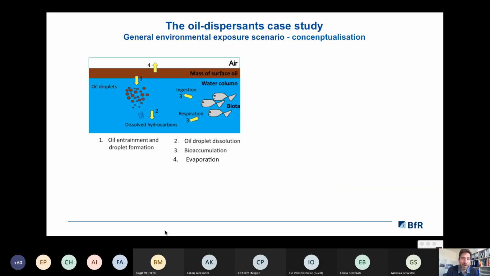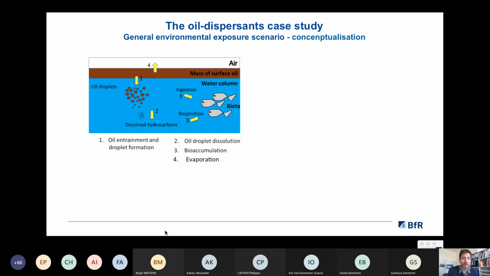So in the oil dispersant case study in this project, we relied on tools which have already been developed, like Philippe presented earlier, the models in the Merlin Expo, which were developed to simulate uptake of compounds in organisms via ingestion or via respiration.